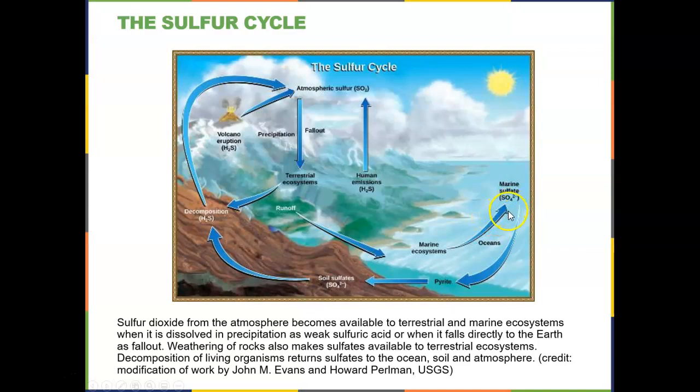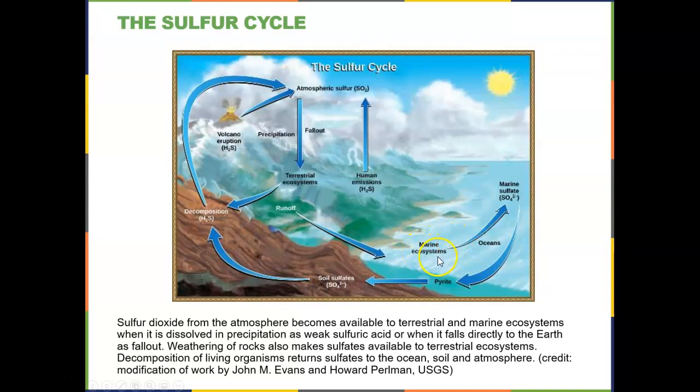It can then be released into marine sulfate ions when these organisms die, and then it can be recycled when it's joined up with iron. An iron sulfide is called pyrite, and that can make its way back into soil sulfates and follow this. This is a much longer cycle process, but it definitely returns those sulfates to the cycle.